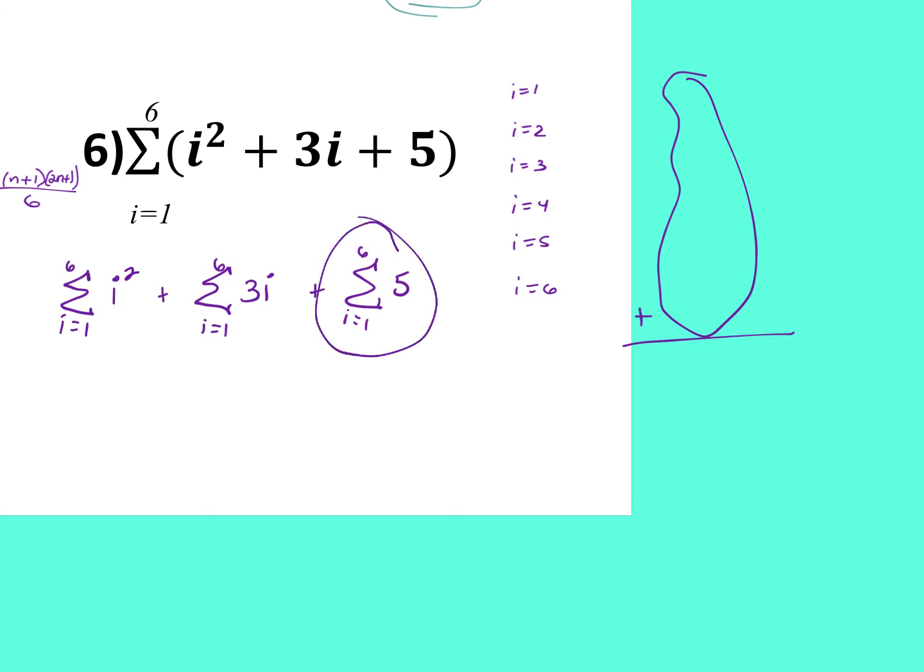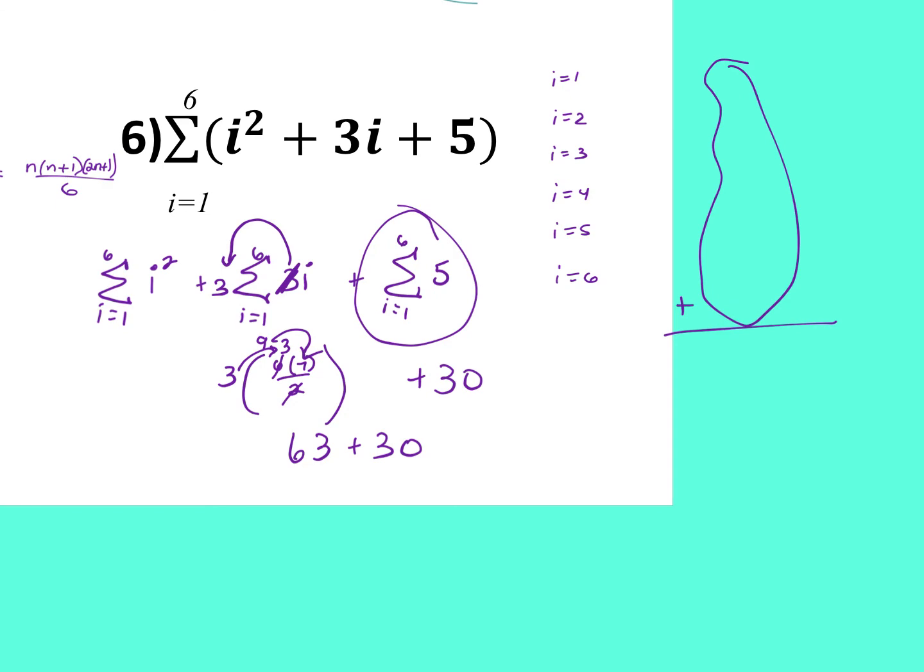Okay, so this one we know is 30 because it's n times 5. This 3 would get pushed over here, and that's n times n plus 1 over 2. N is 6, times 7 over 2. 2 goes into 6 3 times. 3 times 3 is 9, times 7 is 63.